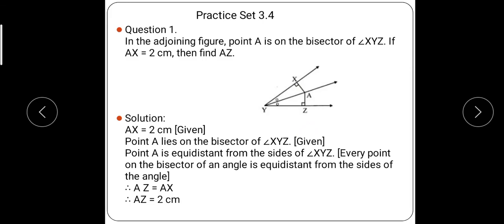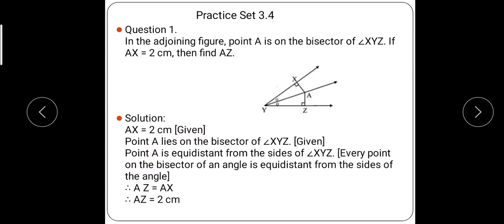Every point on the angle bisector is at equal distance from the sides of the angle. So according to the theorem of angle bisector, what is given here? AX is 2 cm. It means that AZ is also 2 cm.